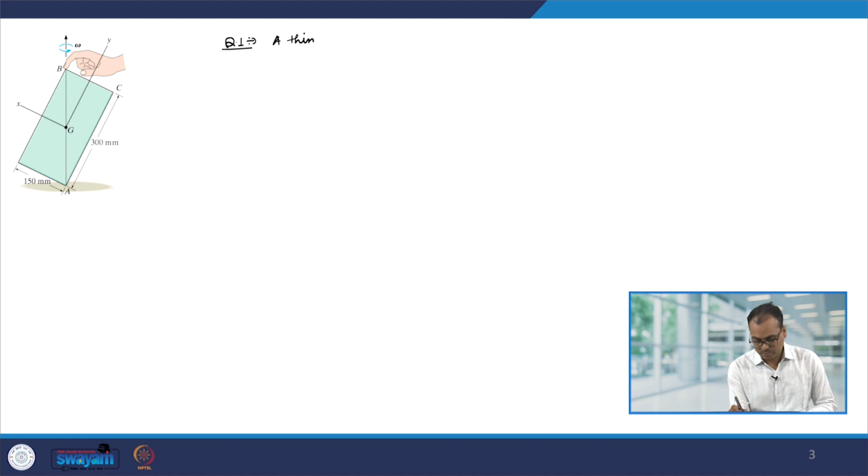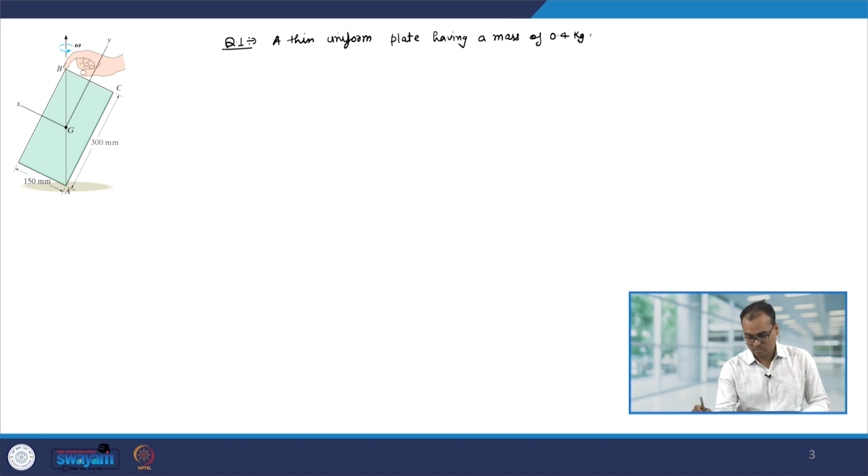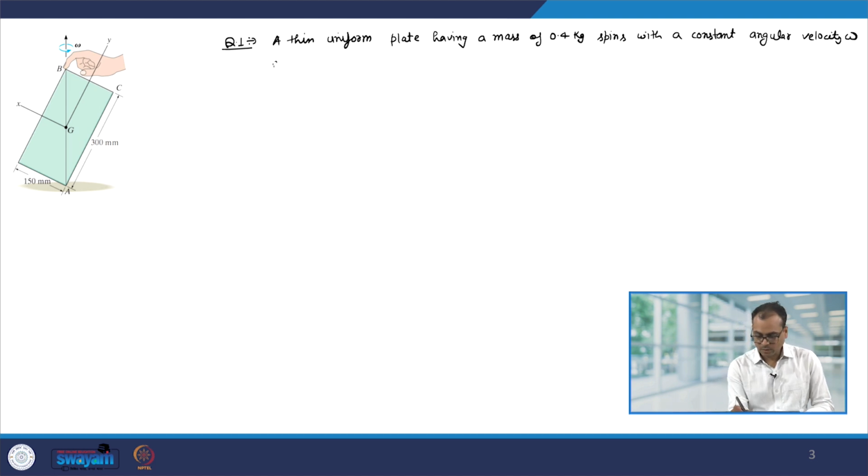A thin uniform plate having a mass of 0.4 kg spins with a constant angular velocity omega about its diagonal AB.